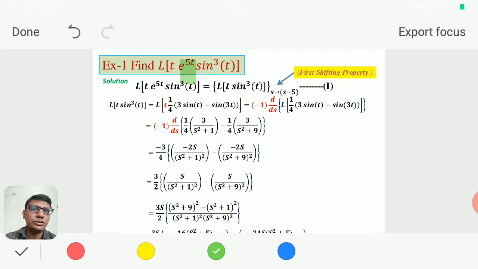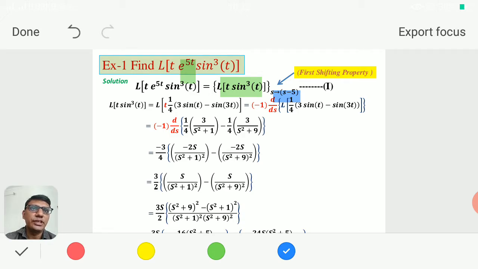First of all, we concentrate on finding the Laplace of t sine cube t, and then we apply the first shifting property, where s is replaced by s minus 5 because the whole function is multiplied with e raised to 5t.